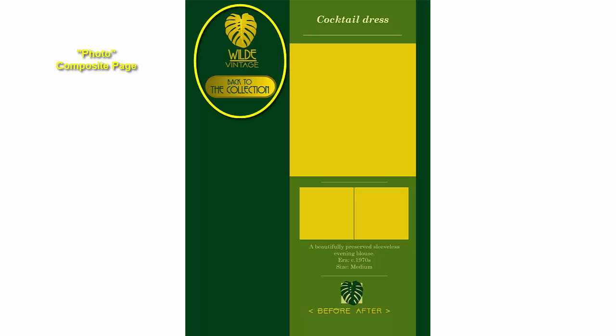So the navigation will also look slightly different. We only want a button to return back to the collection page. And one should always provide an easy way for the user to return to the home page. We will therefore include the logo and transform that into the home page link.